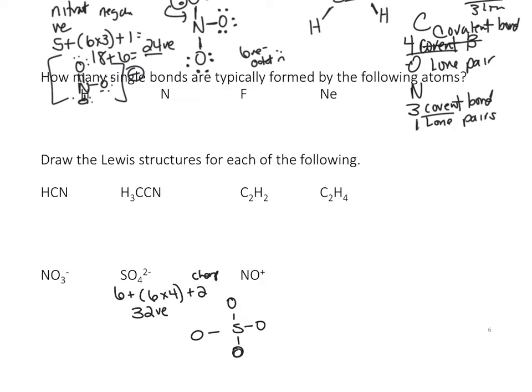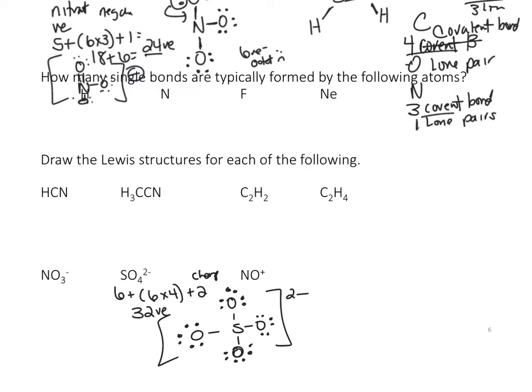And then you can add your electrons. 1, 2, 3, 4, 5, 6, 7, 8, 9, 10, 11, 12, 13, 14, 15, 16, 17, 18, 19, 20, 21, 22, 23, 24, 25, 26, 27, 28, 29, 30, 31, 32. And then everything satisfies the octet, so then you just do that.